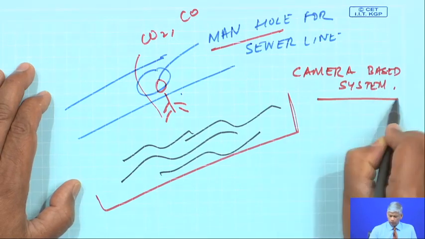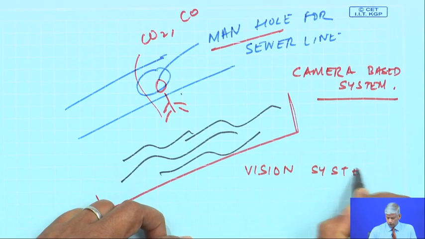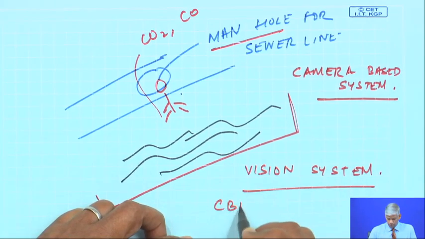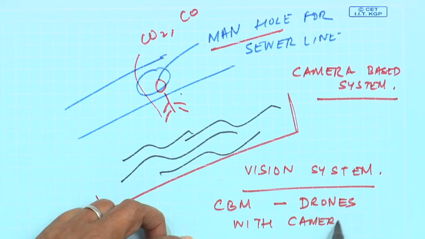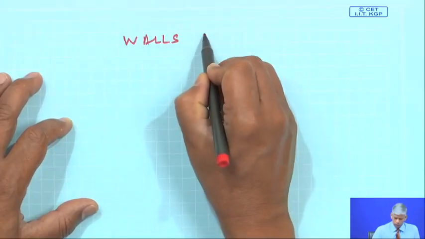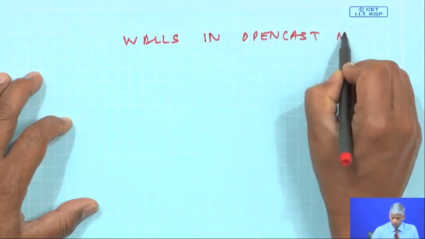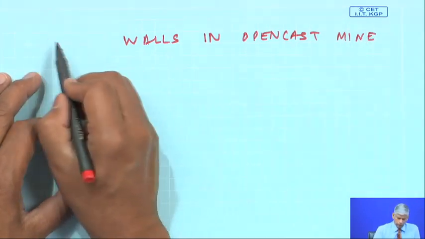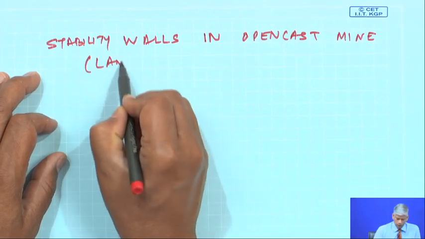nowadays vision based systems are becoming very popular even in CBM because of drone technology, drones with cameras. People are monitoring walls in open cast mines, whether the walls are stable, whether landslides have occurred or not.